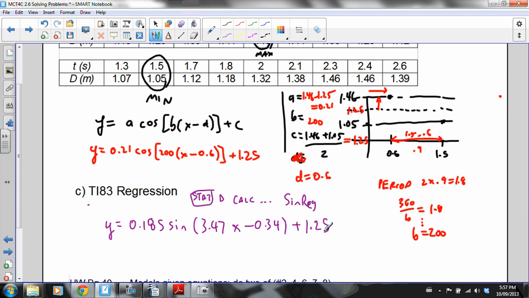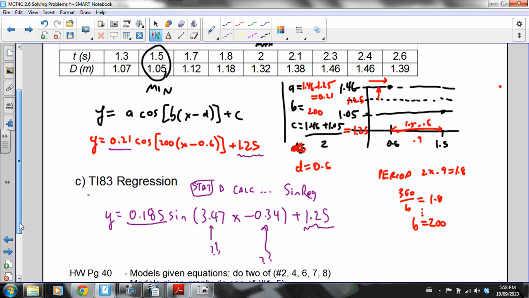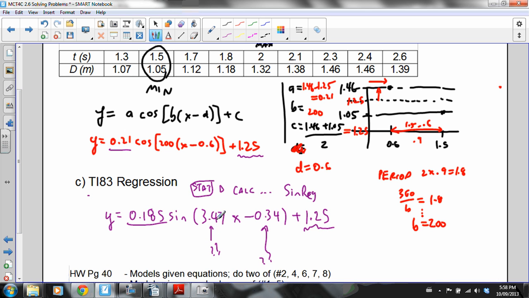Notice some similarities. First of all, how close the amplitude is to our earlier ones. The axis or resting point, the C value, is dead on. The other two are way off. And one of the problems here is the graphing calculator does regression in radians, not in degrees. So you know how if you do some trig and your calculator isn't set on the right setting, it messes up?